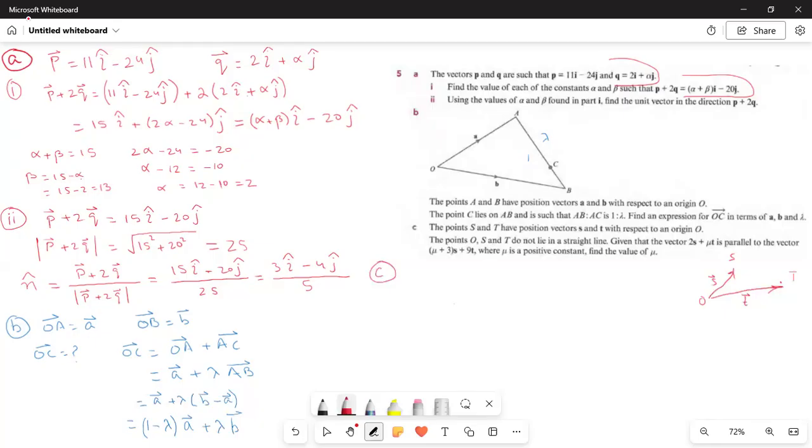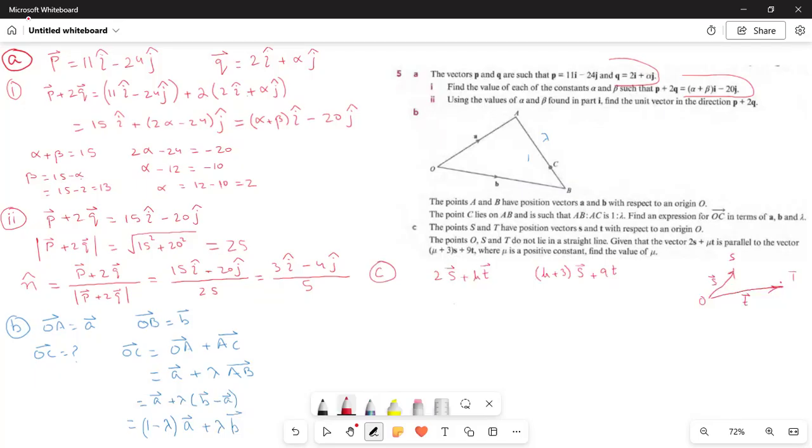Given that the vector 2S plus mu T is parallel to the vector (mu plus 3) S plus 9T.